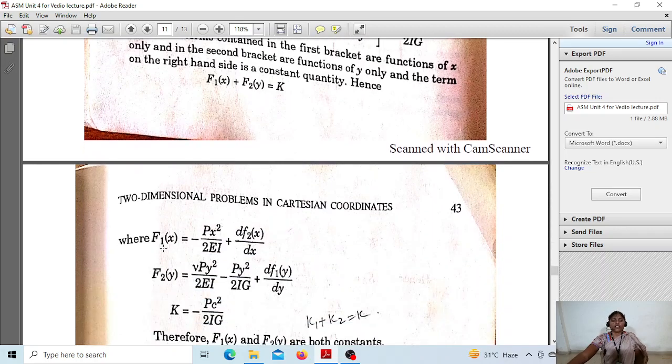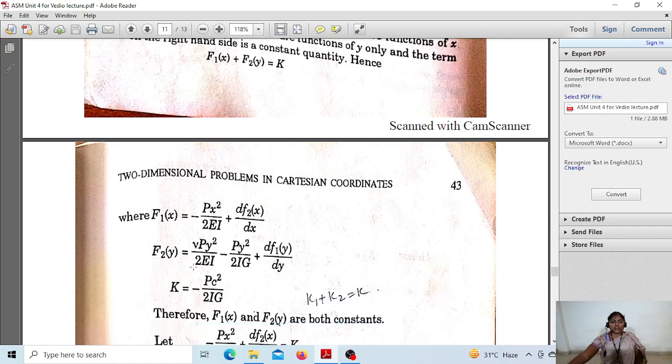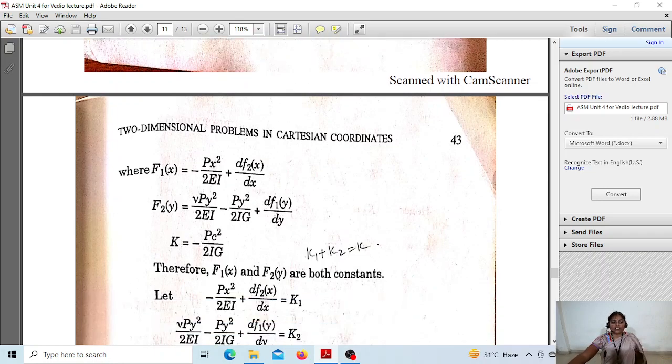Now you are aware that the function of x is equal to minus px square by 2EI plus df2 of x by dx. The function of y is equal to nu py square by 2EI minus py square by 2Iz plus df1 of y by dy. K is equal to minus p l square by 2Iz.